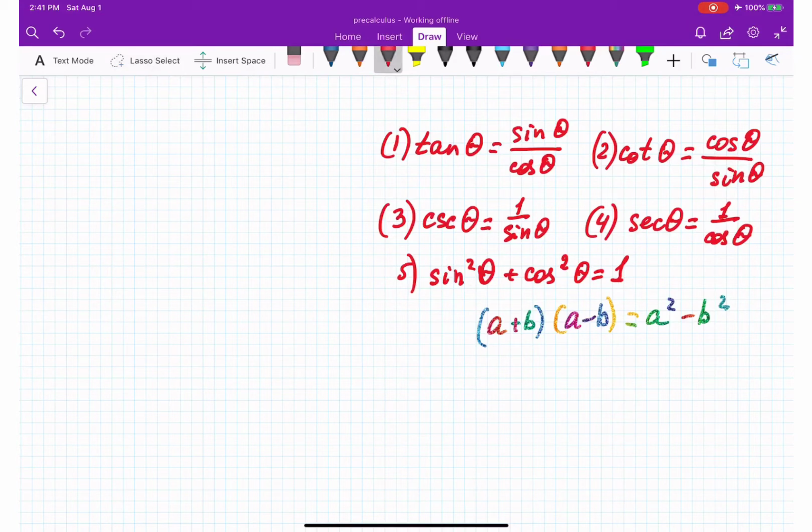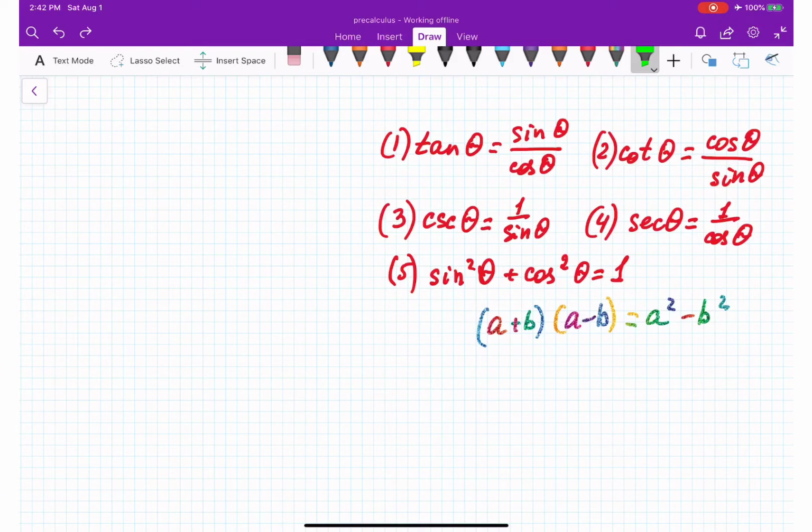I'm going to use these numbers in the solution, so you would know. Plus, I put here the algebraic formula that I'm going to apply. Okay? All right. So, let's start.